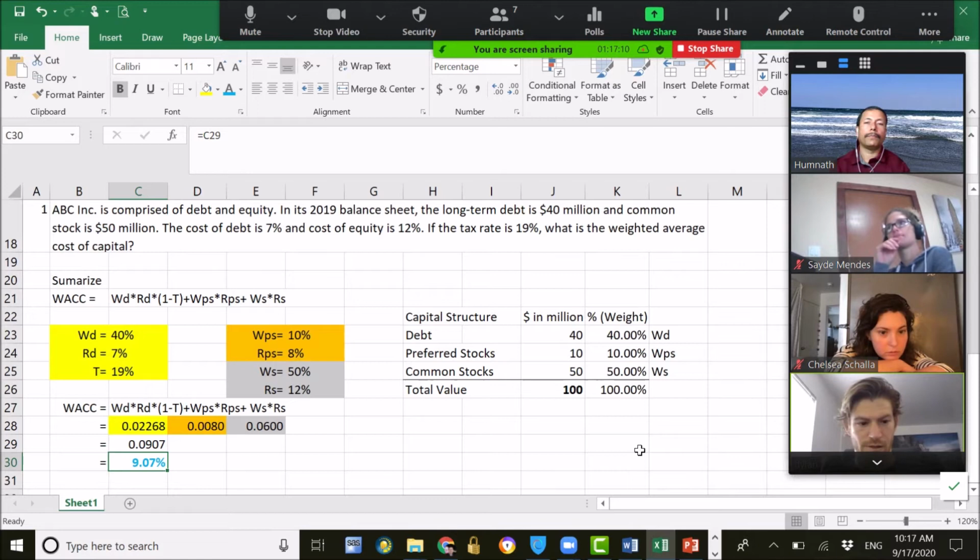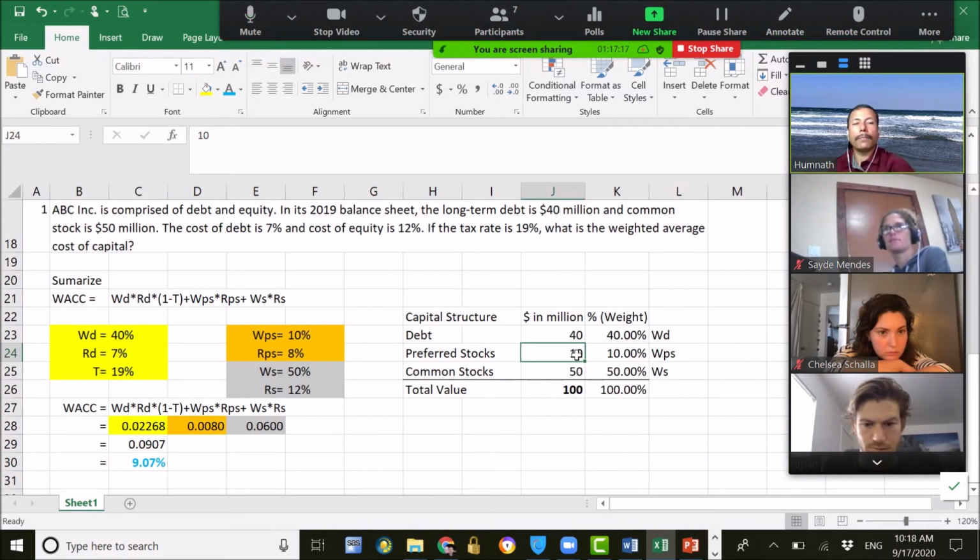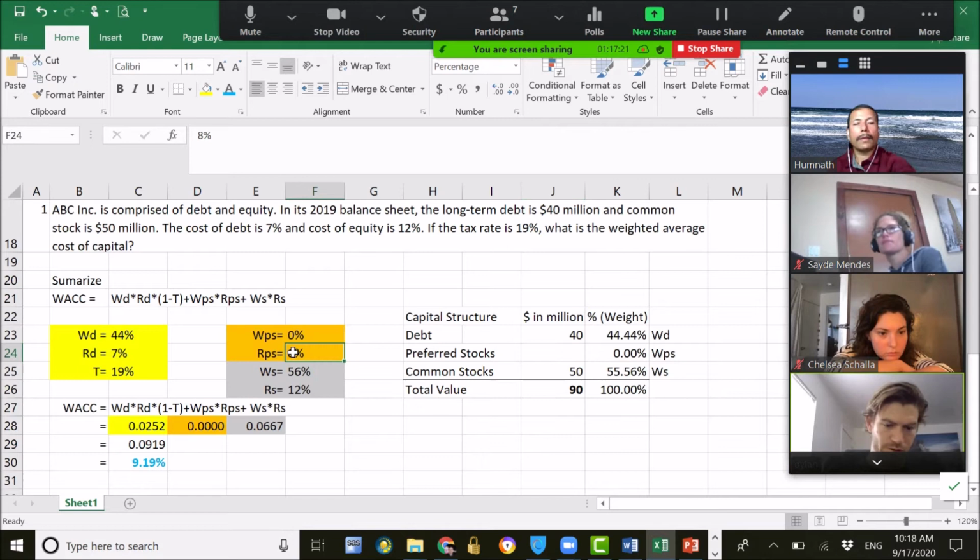Take that portion out of the equation. Okay, so I'm going to take it out. I have to take out both, okay? Yeah, so I'm just putting that equal to 0, for example.